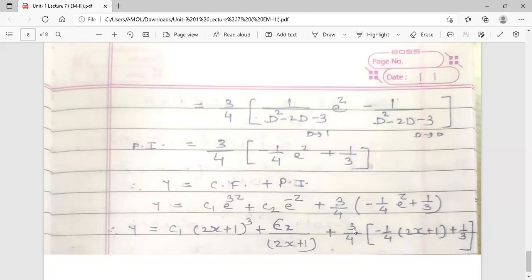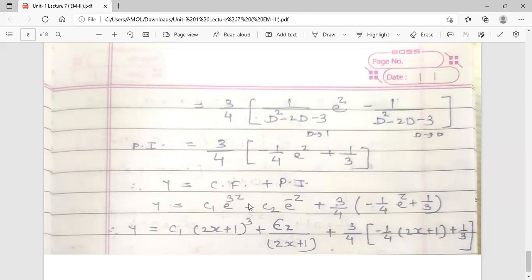Now your answer is y as a function of z, but our original example is in terms of x and y, so your answer must be in terms of x and y. So replace z. You know that z is equal to log of x, or x is equal to e raised to z.